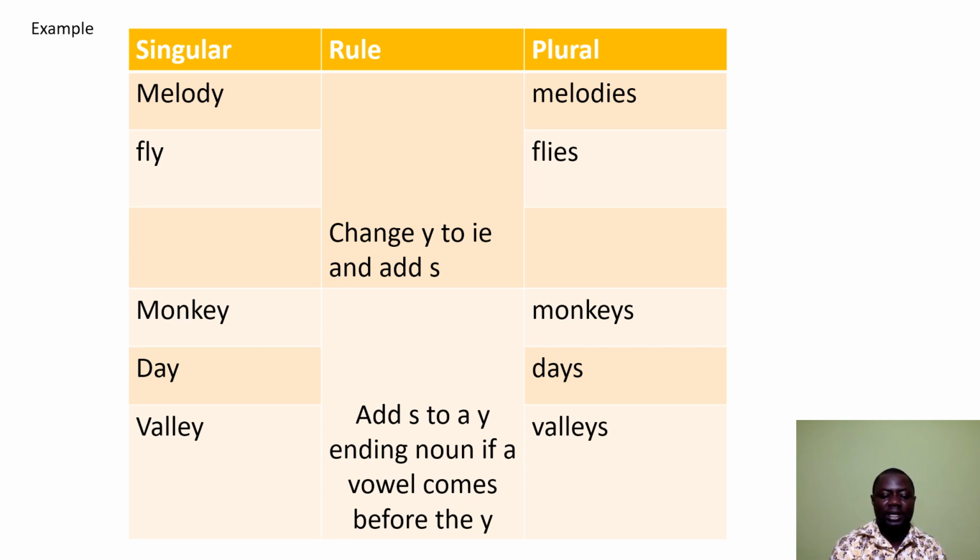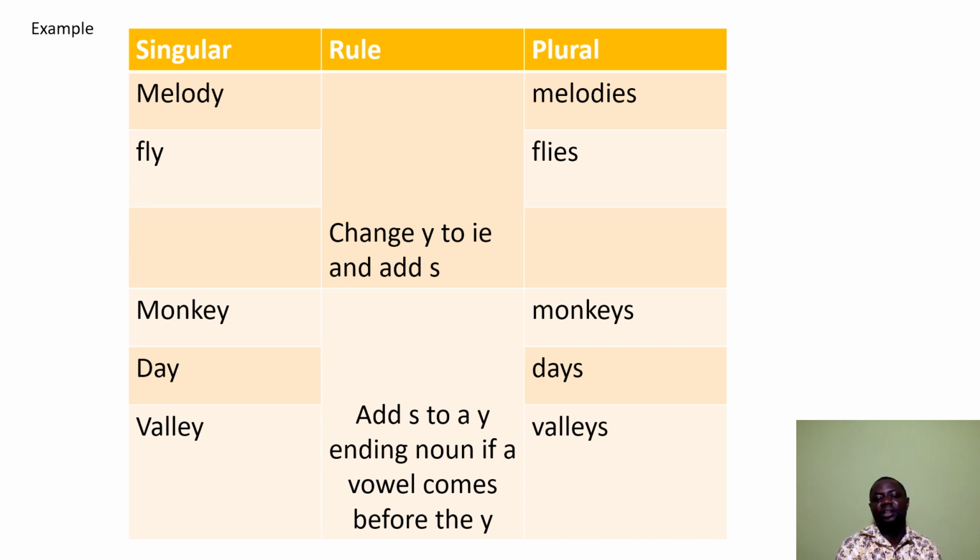However, let's look at these ones. Monkey still keeps the y and then we add an s. Day keeps the y and we add an s. Valley keeps the y and we add an s. We add the s because there's a vowel before the y. When we look at monkey, there is ey.